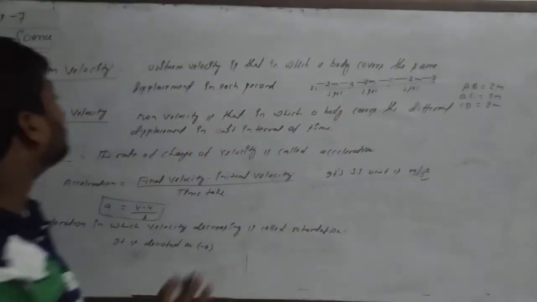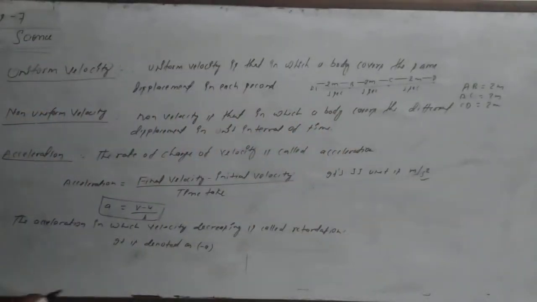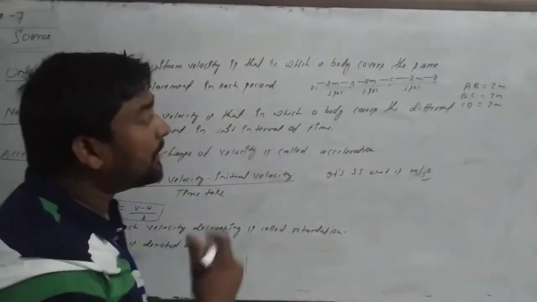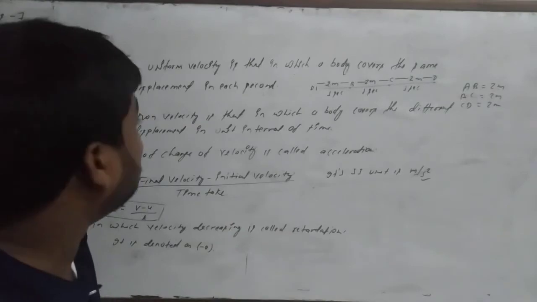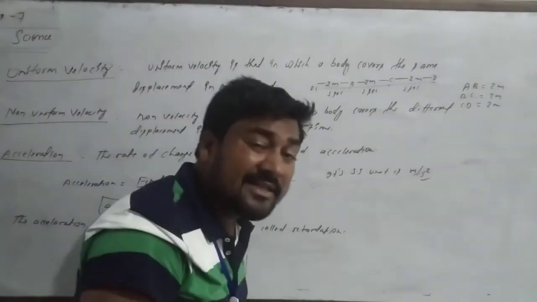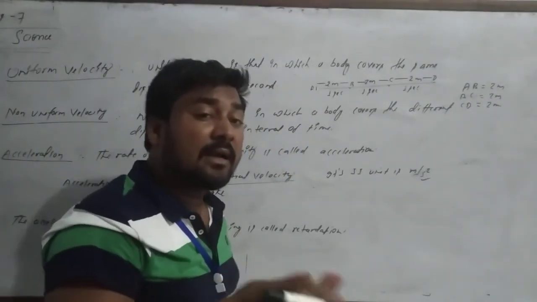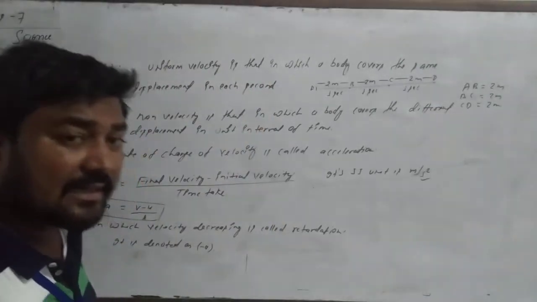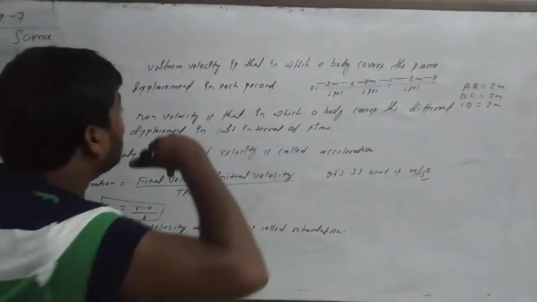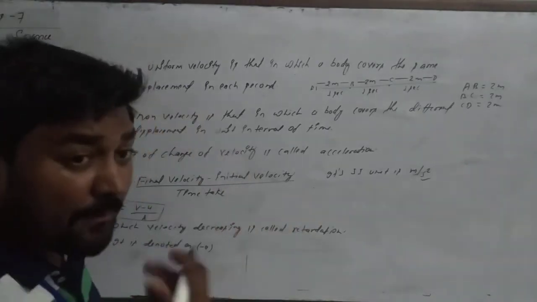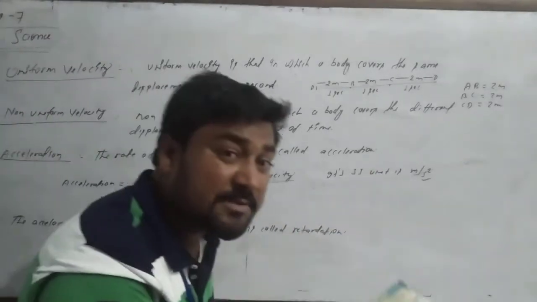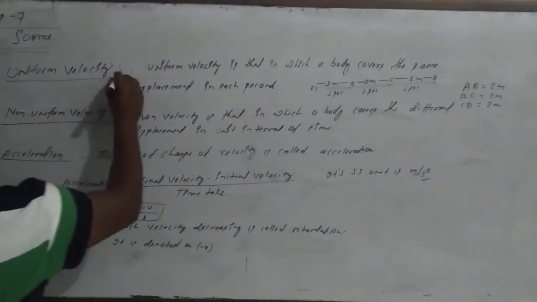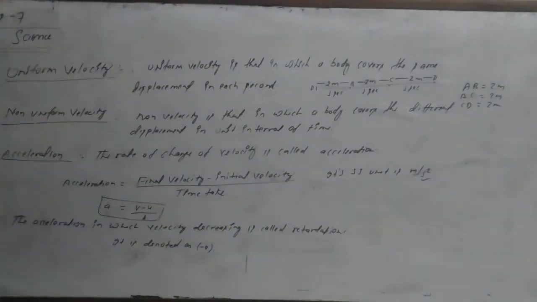So uniform velocity means that if a body covers the same displacement in each second, it is called uniform velocity.